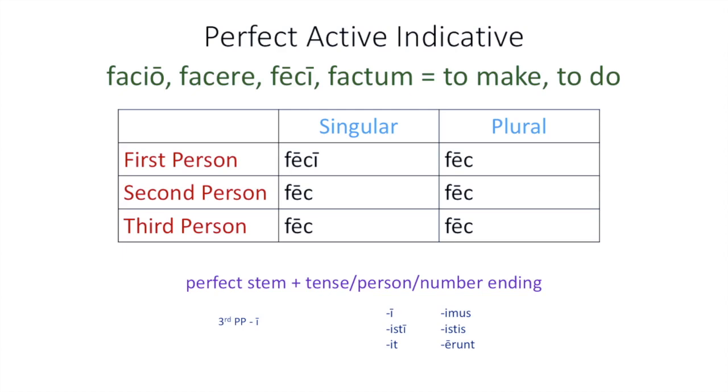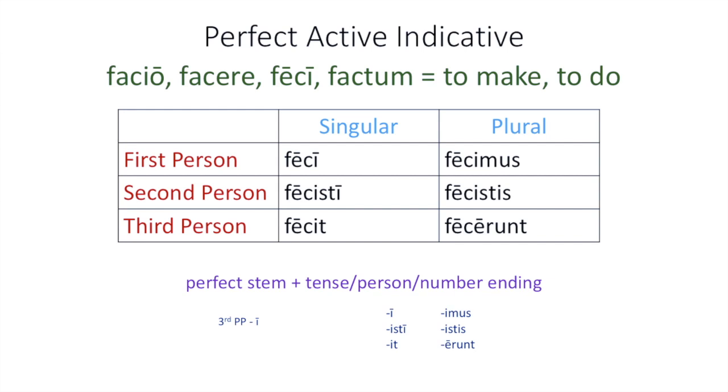So the perfect stem is your third principal part, and you remove that i. So for this verb, it's fec, F-E-C. Then we add our tense, person, and number endings. For all four conjugations, it's basically your third principal part with endings that are rather similar to your present system endings.